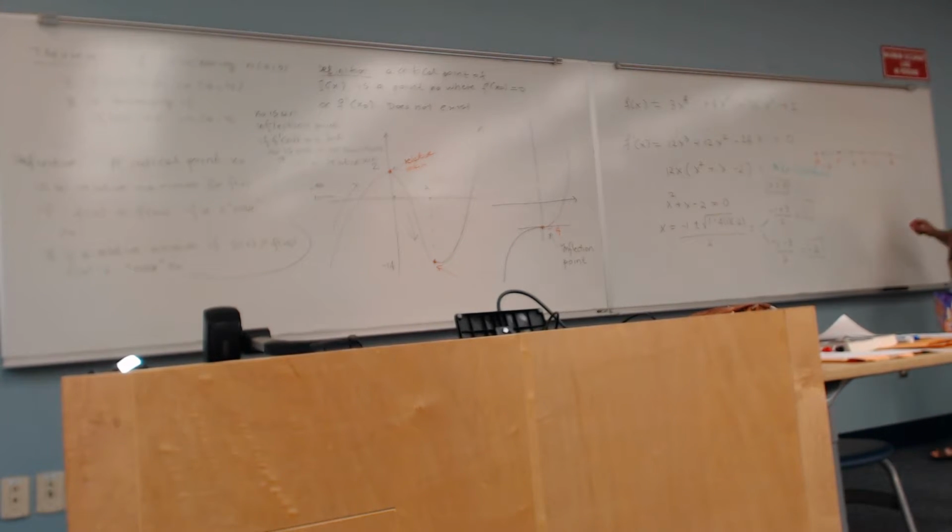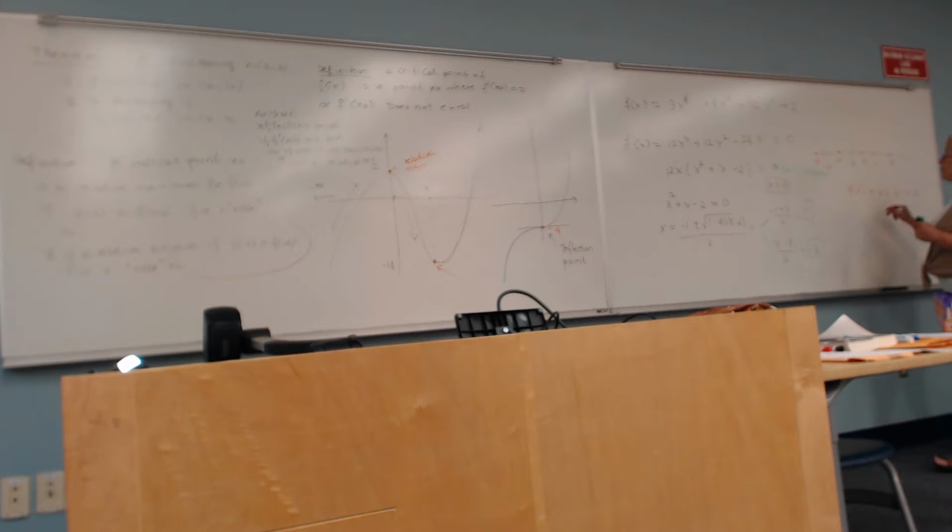Now let's see what happens when we compute f of 2. If you use the factorization, we have 2 times 2 minus 1, which is 1, times 4. You don't even need to calculate that, just tell me whether it's positive or negative. It's positive.